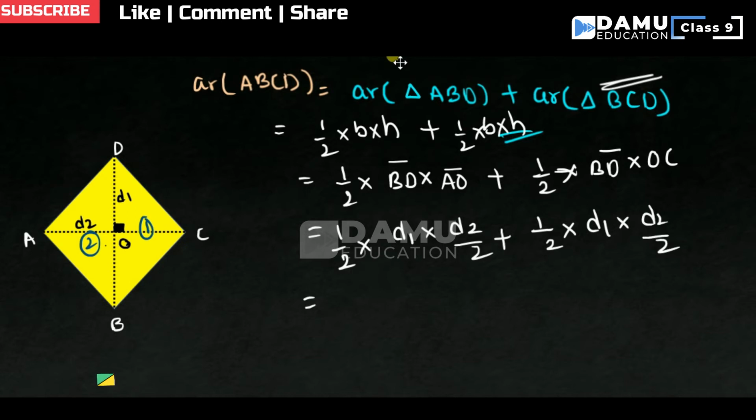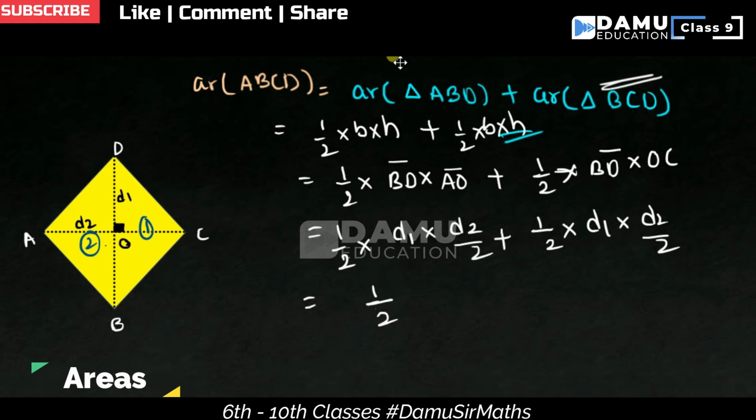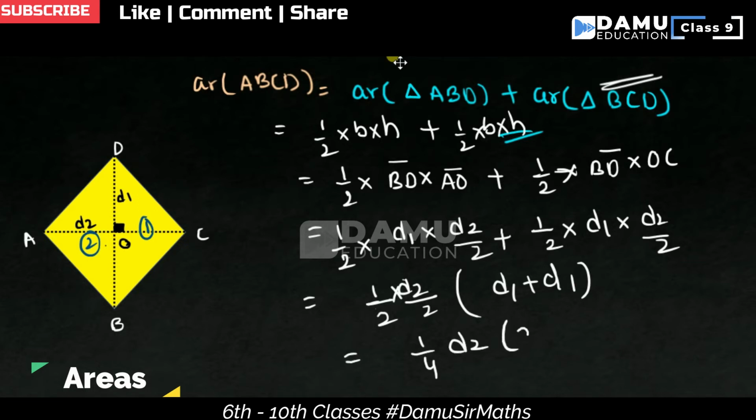Let's take half into D2 by 2 as common, then D1 plus D1. Then we will get 1 by 4 into D2 into 2 D1.